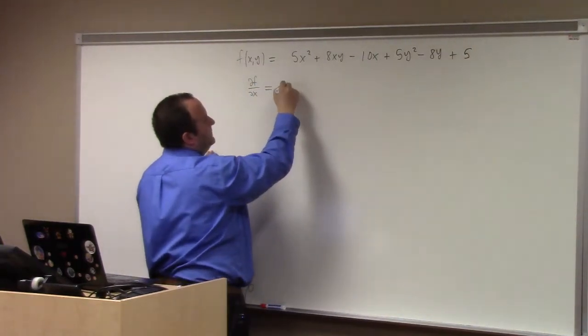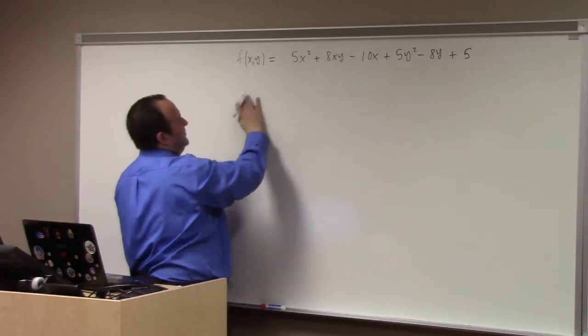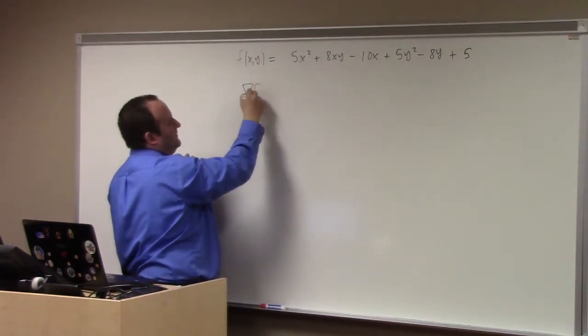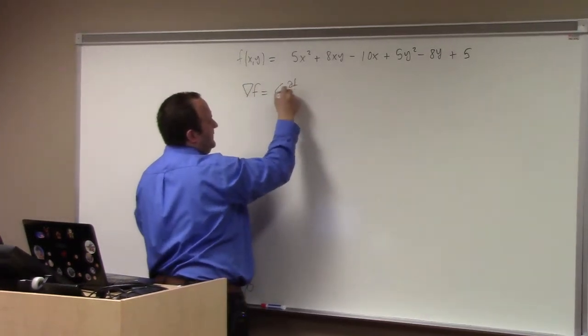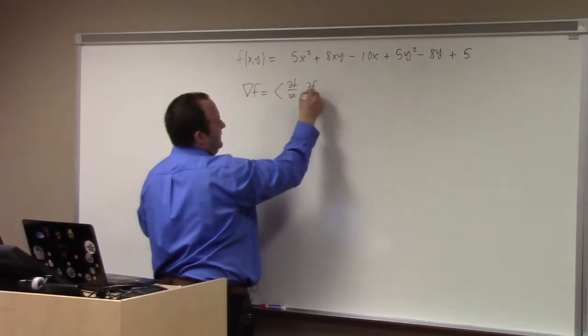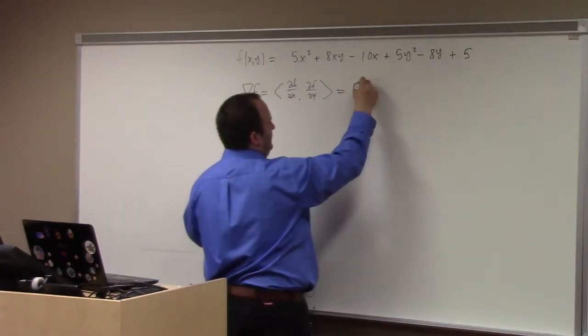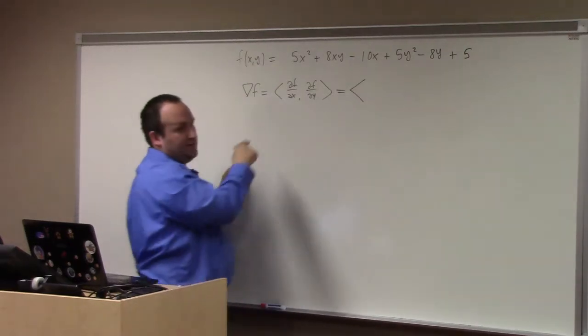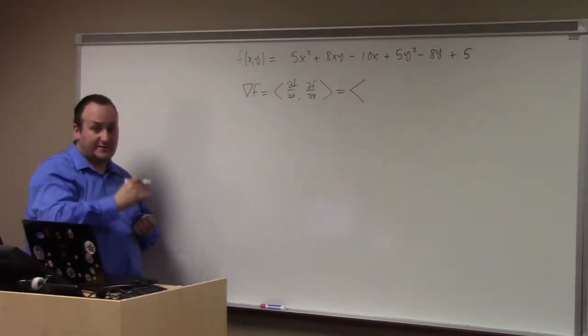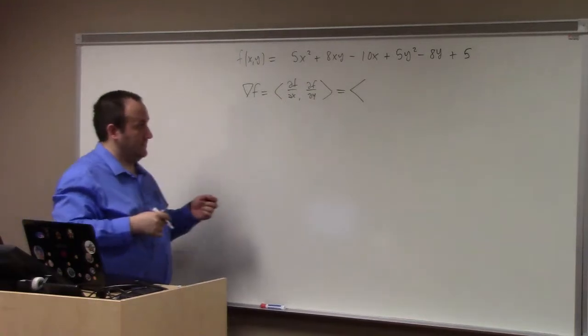Actually, let me get to the point. The gradient of f is partial f partial x, partial f partial y, right? And so this is 0 at a critical point. Critical points are where the gradient's 0, if there are any such points.